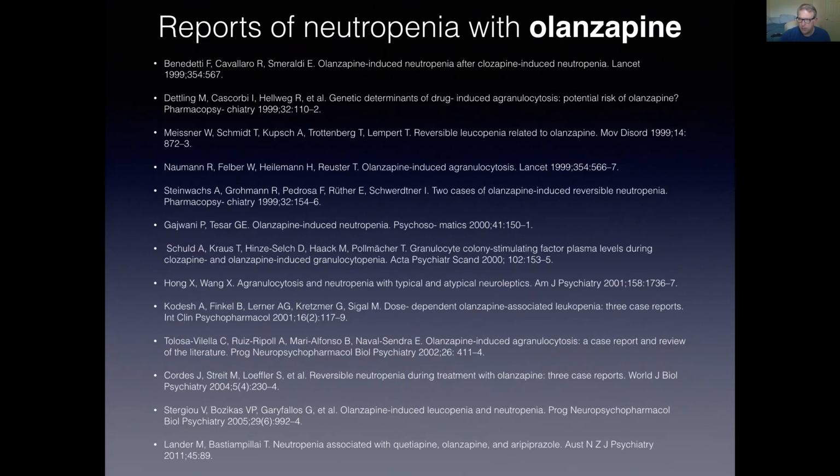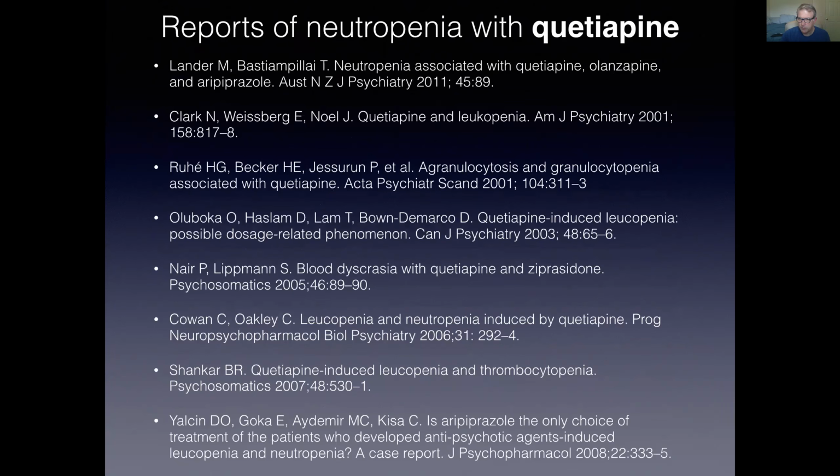Meanwhile, while we tend to get worried a lot about the risks of neutropenia and agranulocytosis from clozapine, every other second-generation antipsychotic drug is capable of causing the exact same thing. So here are reports of neutropenia associated with olanzapine. Here are some reports of neutropenia associated with quetiapine.